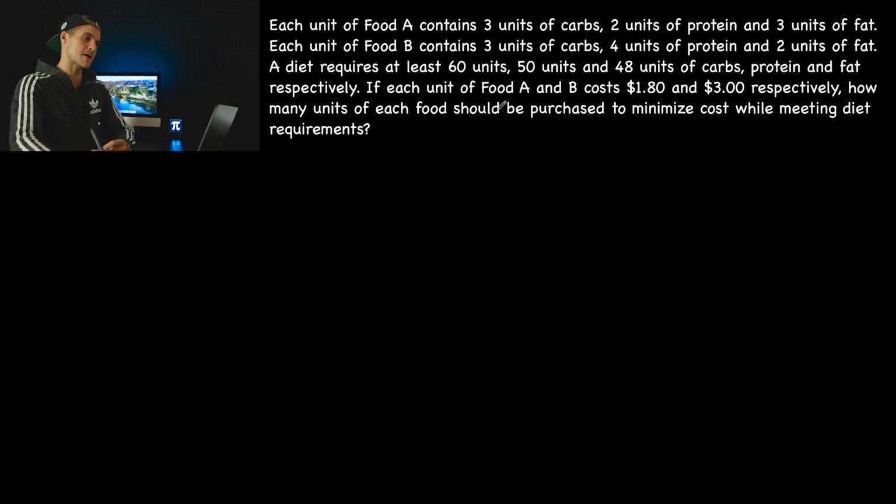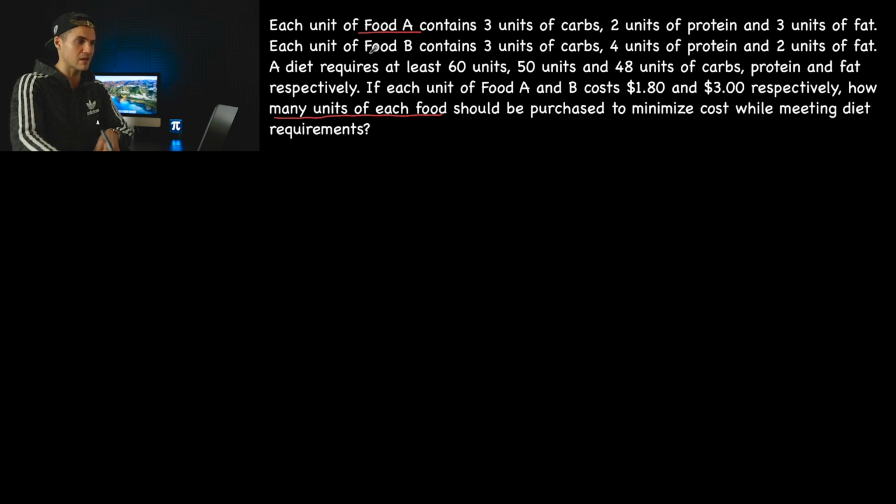So first thing I like to do is define my variables, and as I mentioned in the problem before, I like to get my variables with basically what they're asking us for. So notice that what they're asking us for, how many units of each food should be purchased to minimize cost while meeting diet requirements. So how many units of each food, and how many foods are there?